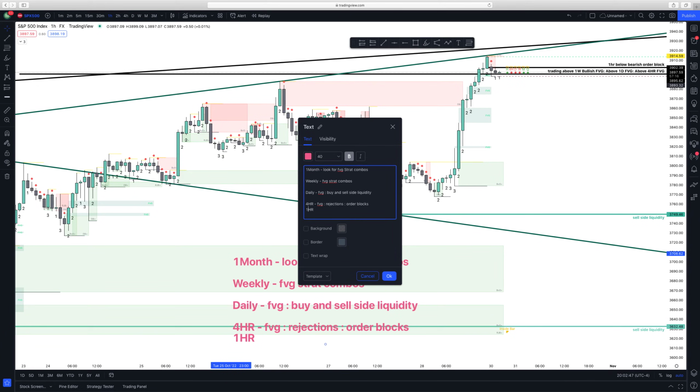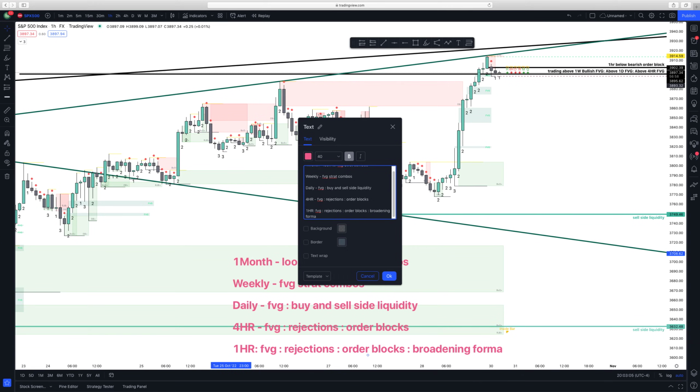Now on the 1 hour time frame, I look for fair value gaps, rejections, order blocks, broadening formations. Y'all know what I'm saying? So also on a daily, I do add broadening formations too.